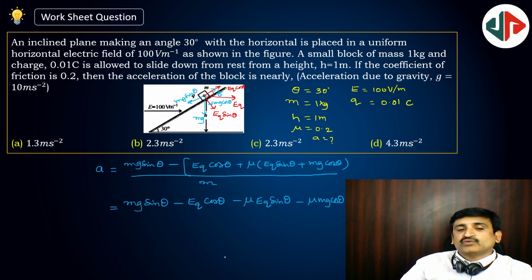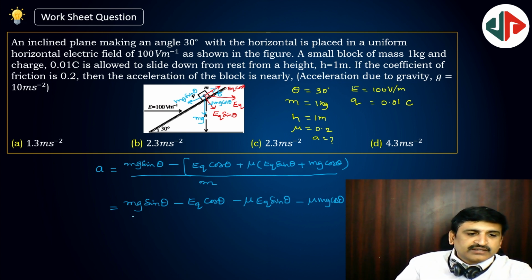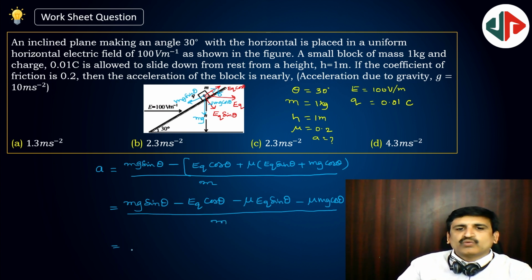Friction takes two things here, mg cos theta and EQ sin theta. Now you can substitute the values. M value is 1 kg only, so no need to consider. g value 10.